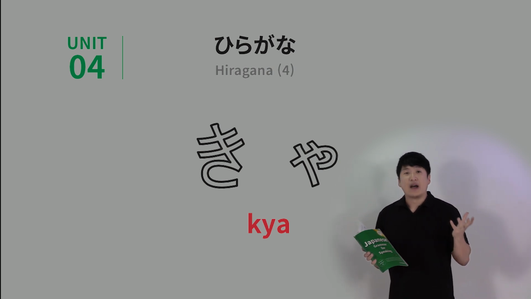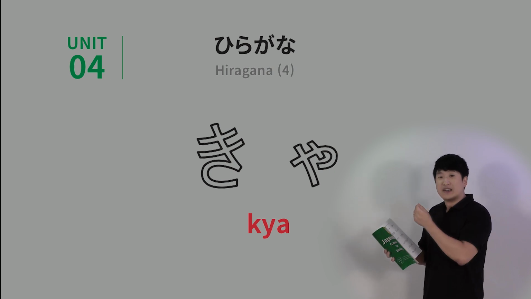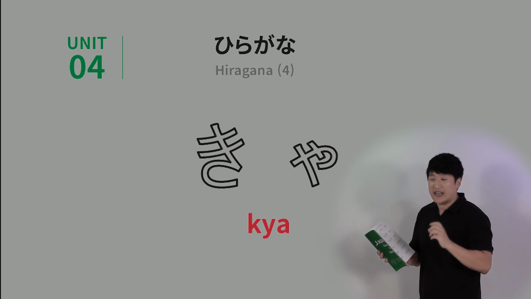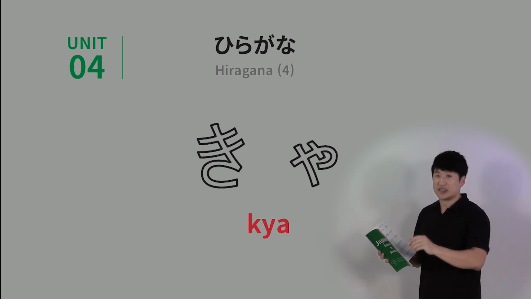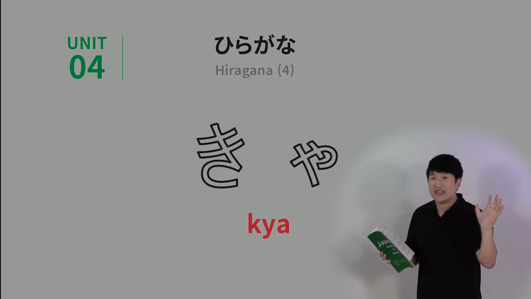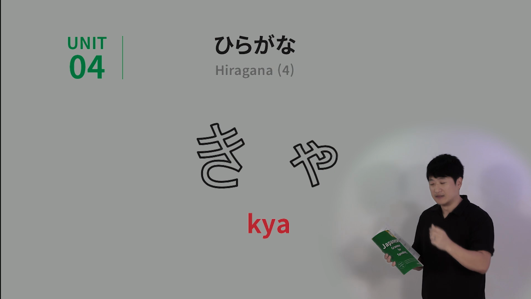Then how do we pronounce this? Ki. The first big letter is ki, but the little letter is ya. So not kia, we want to pronounce it like kya, because ki and ya, we want to connect to this sound. Kya.